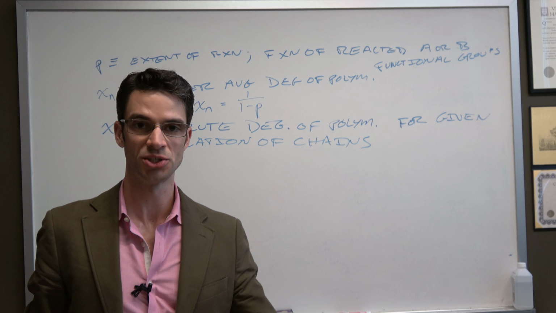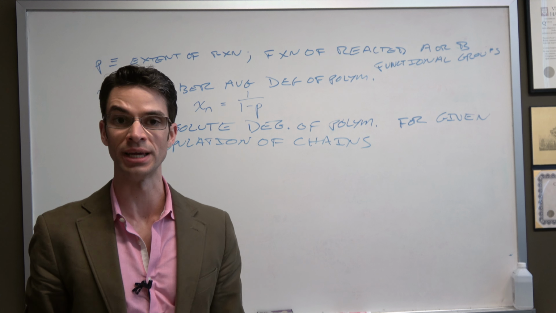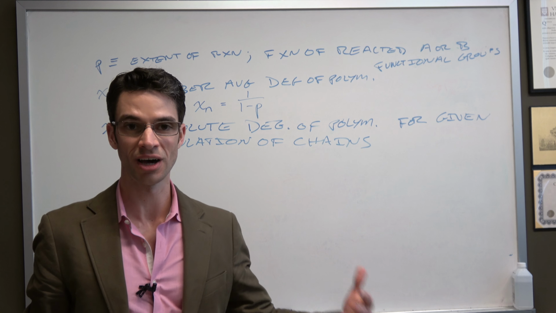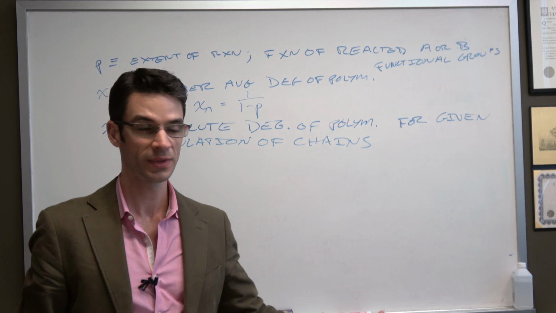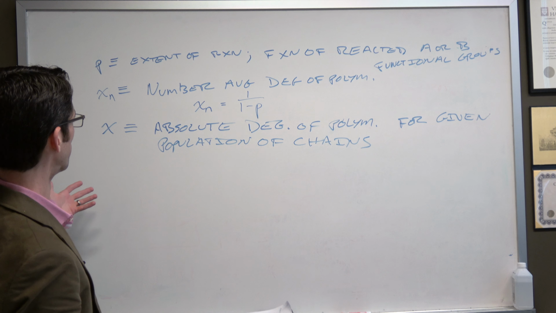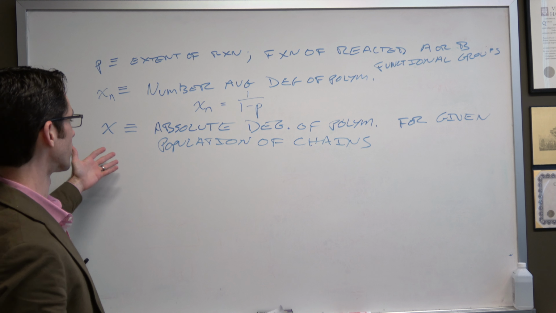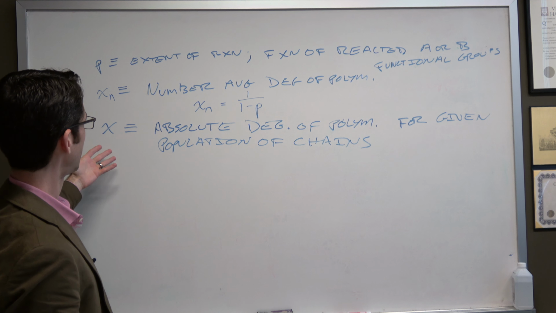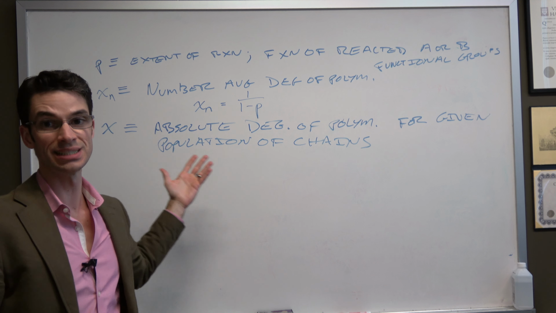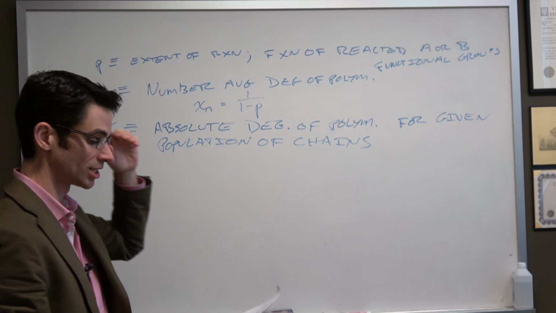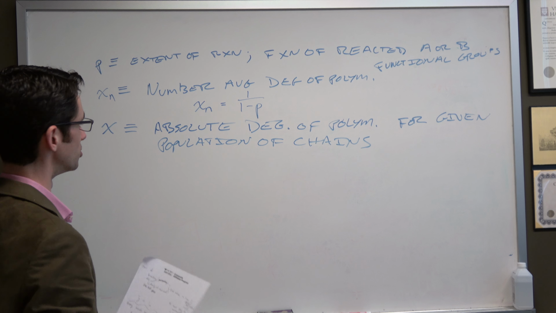Dimer has x equals 2. Trimer has x equals 3. X equals 100 is 100-mer. But if you had two samples, one with x equals 100 and another with x equals 50, x sub n for that whole sample would be 75 because it's the average of the two.